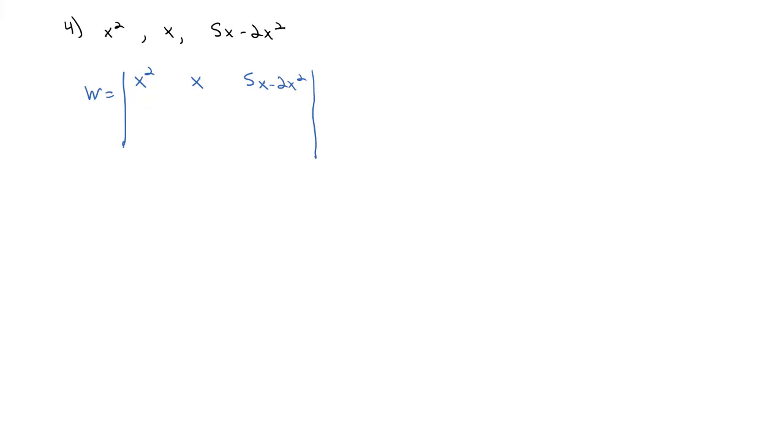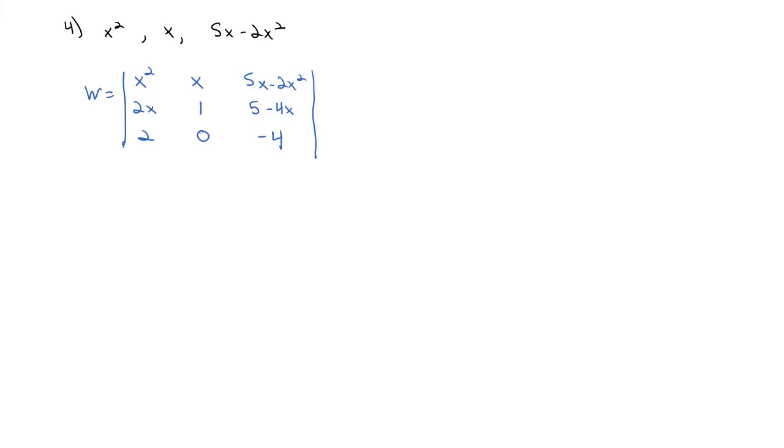Three functions, we're going to need three rows. So the second row is the first derivatives, 2x, 1, and 5 minus 4x. Second derivative would be 2, 0, and -4. And then we want to calculate this 3 by 3 determinant. If it's 0, they're dependent.